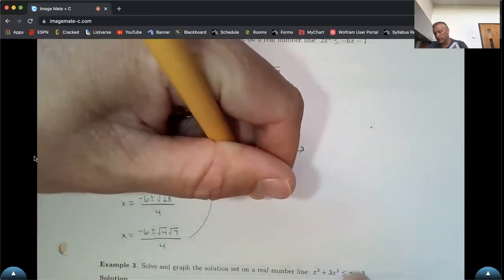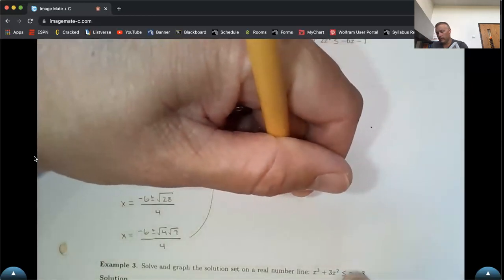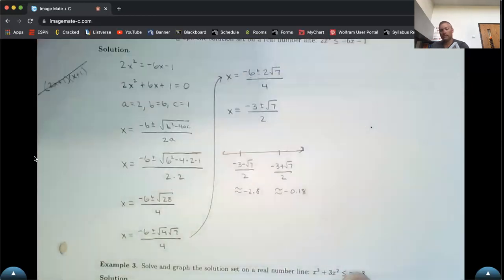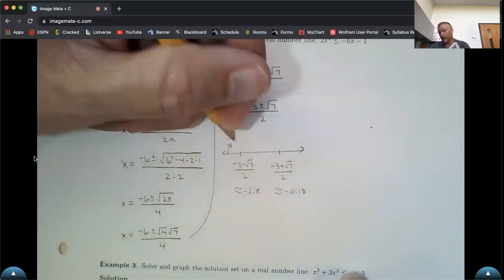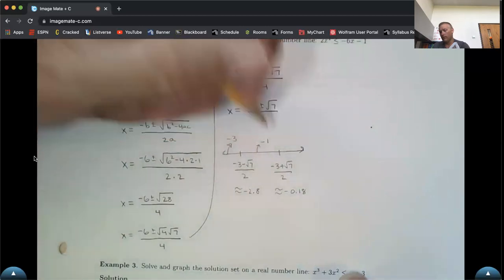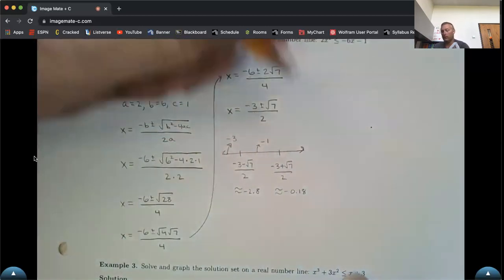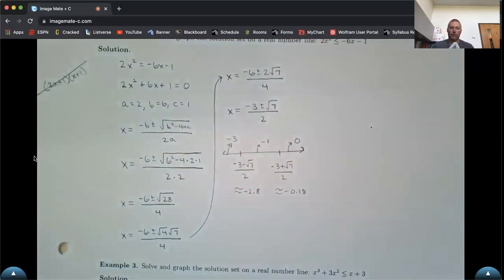This one's about negative 2.8. And this one's about negative 0.18. So I could pick negative 3, that would be to the left. Negative 1 would be in the middle of these two. And 0 would be a number to the right of the upper solution.